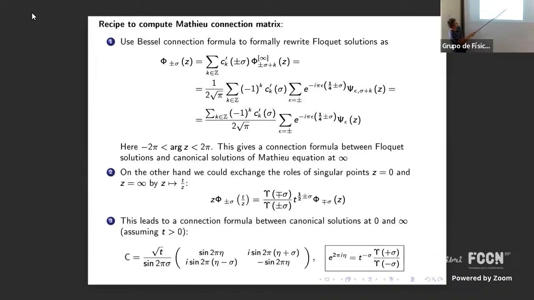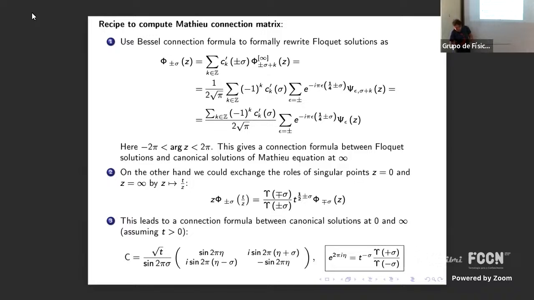So if you rewrite everything, you have solutions at infinity related to Floquet in the middle, and you have this same Floquet in the middle related to canonical solutions at 0. Okay, and if you now eliminate Floquet from the story and rewrite the appropriate linear combinations of these psi's, you can basically make this compact statement that the connection matrix is this, and the parameter eta is this ratio.